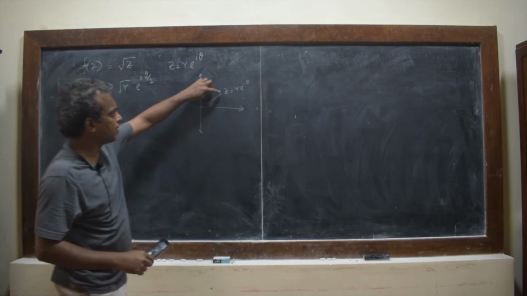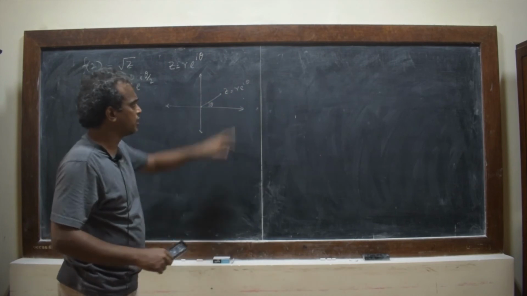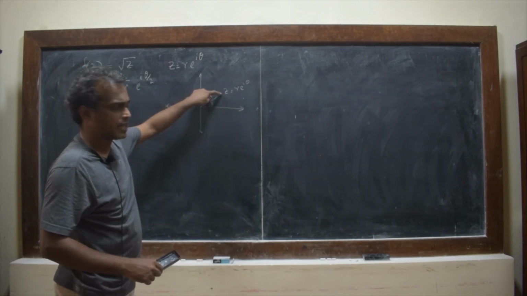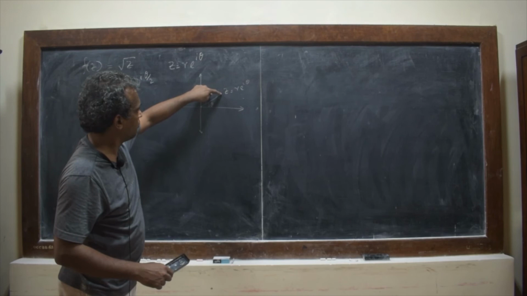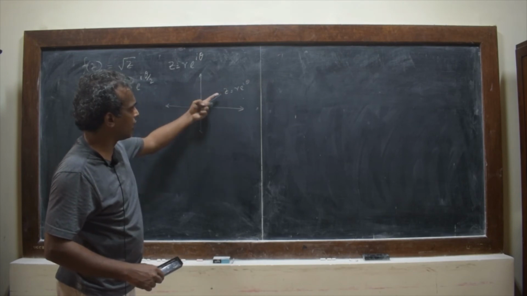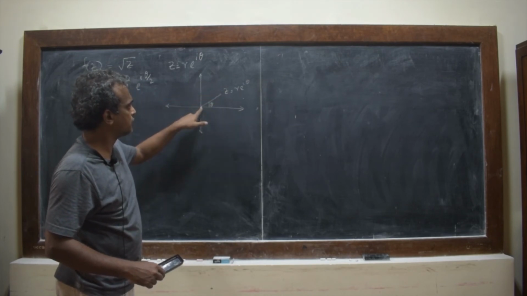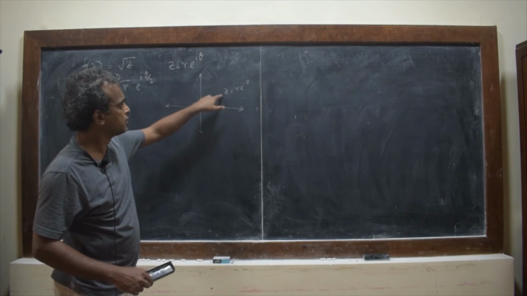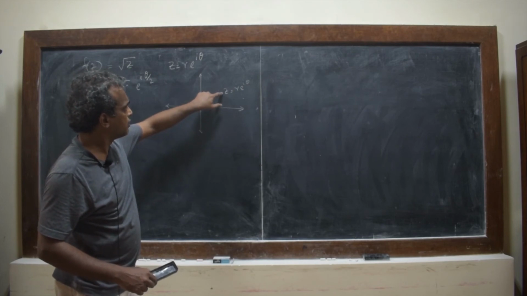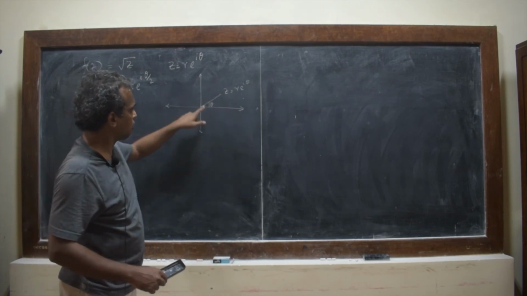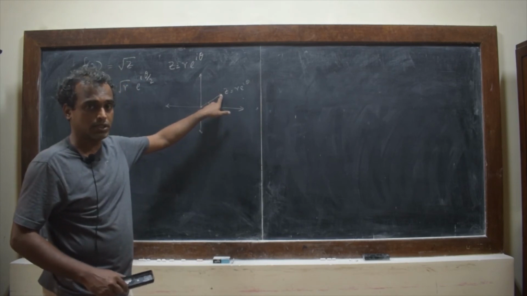It is clear that this variable z will have the same value if I take this line joining origin and that point and rotate it about origin and bring it back to itself.